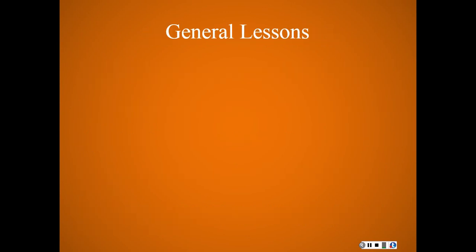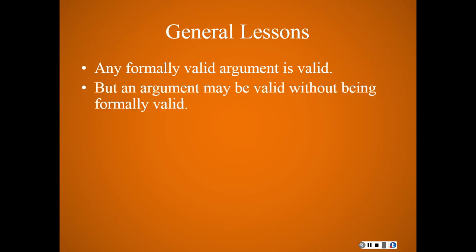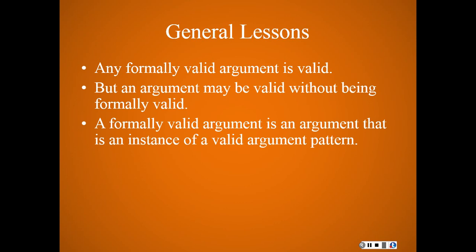So here are some general takeaway lessons. Any formally valid argument is valid. That's because a formally valid argument is an argument that you can tell is valid just by examining its structure alone. But the same doesn't hold in the other direction. An argument may be valid without being formally valid. A formally valid argument is an argument that is an instance of a valid argument pattern.